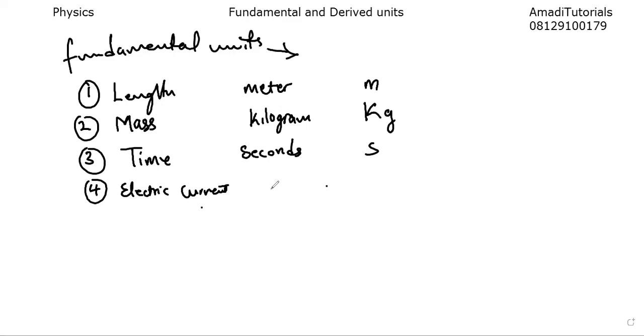Electric current is measured in ampere. The symbol for ampere is capital letter A. That's the unit for measuring electric current. These four are the main basic fundamental quantities. The other ones just kind of complete the circle.